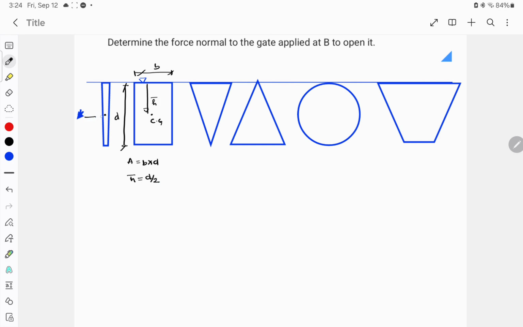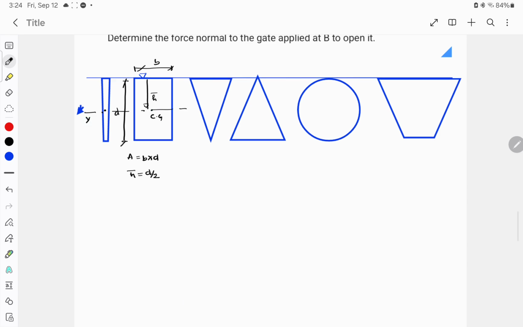And if I consider this as the YY line, so what will that be? IGYY will be bd cube by 12, right?